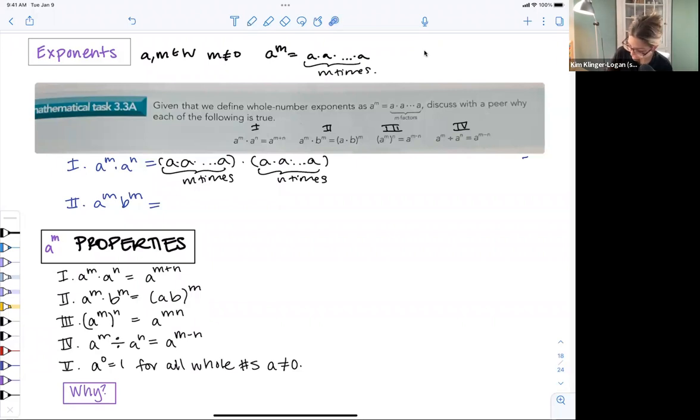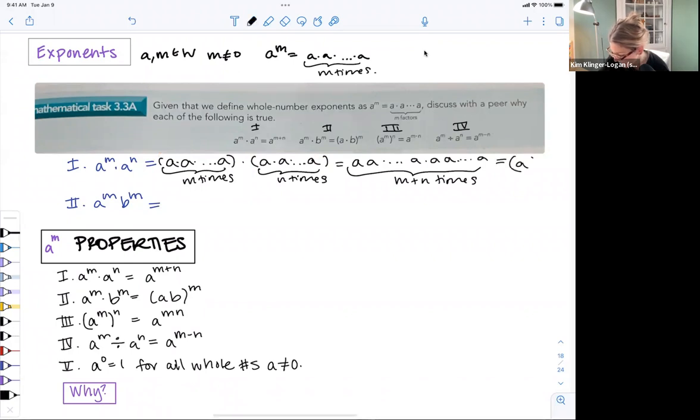Now, since everything is being multiplied, these parentheses don't actually matter. So this is the same as A times A times A, M times, and then I'm going to multiply by A another N times. So altogether, I have M plus N times that I'm multiplying A. So this is the same as A to the M plus N.